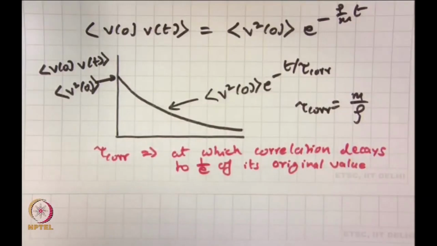Again, m by xi, or tau correlation, is that time at which your correlation signal decays to 1 by e of its original value. That is how tau correlation is defined. Okay.